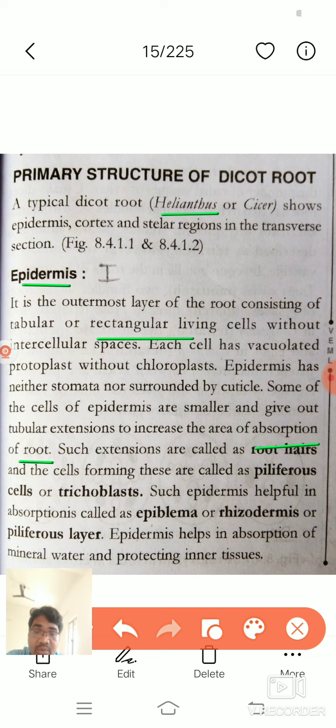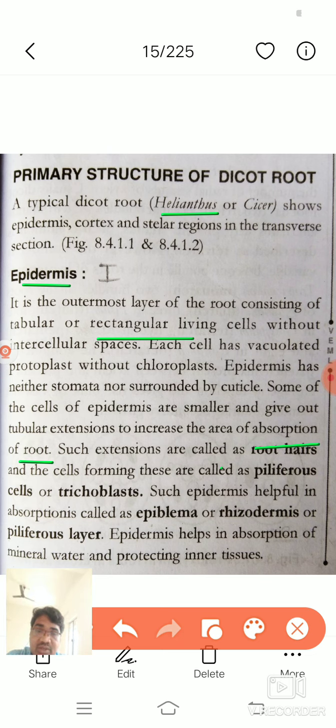What are the main functions of the epidermis? Epidermis helps in absorption of minerals and water from the soil and in protecting inner tissues. It is the outermost part of the TS of the dicot root, the first region.